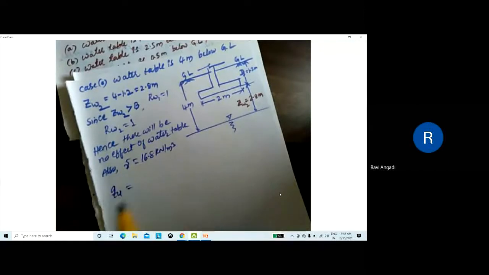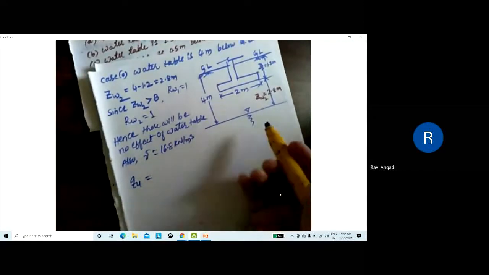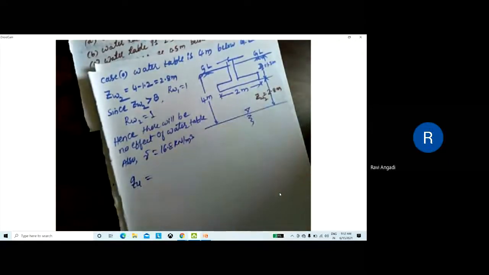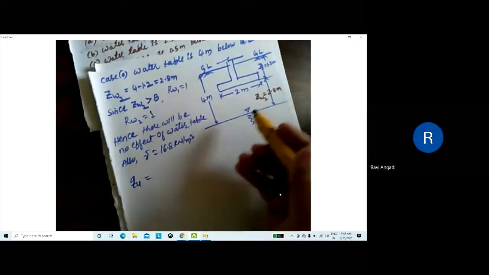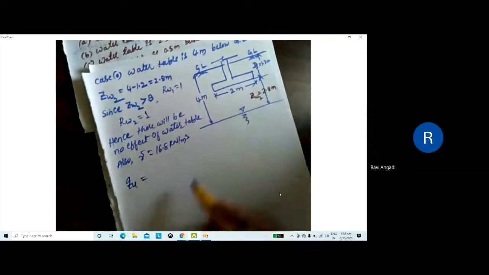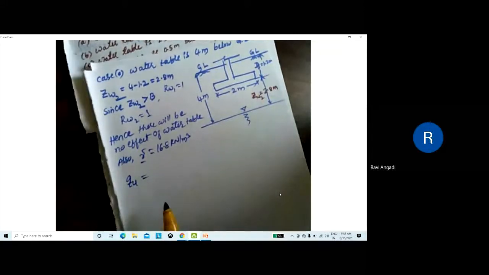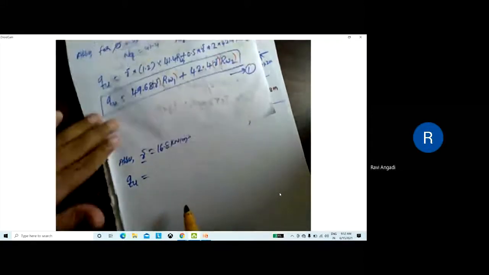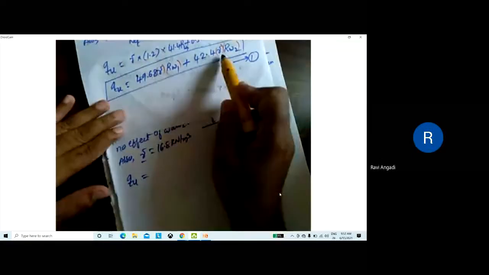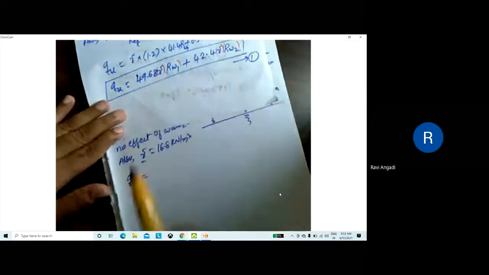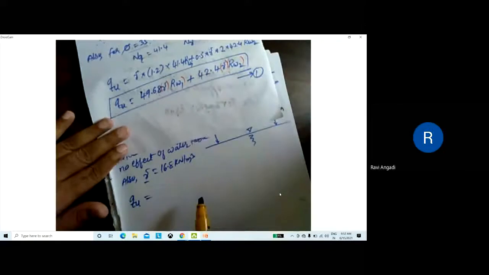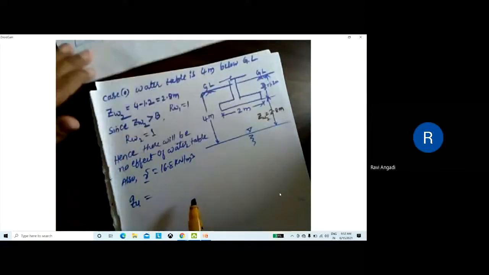Now tell me the value of QU. Because it is not affecting the bearing capacity, being away from the footing, gamma to be taken is 16.8. We already have the equation, gamma here and gamma here. RW1 and RW2 are already calculated as 1, correct? Understood?